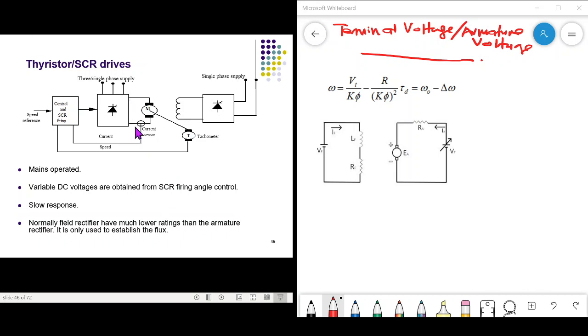It means that the terminal voltage is controlled by this thyristor, and the thyristor is controlled by the SCR firing angle control. The operation has a slow response, and normally the field rectifier has much lower ratings than the armature rectifier. It is only used to establish the flux.